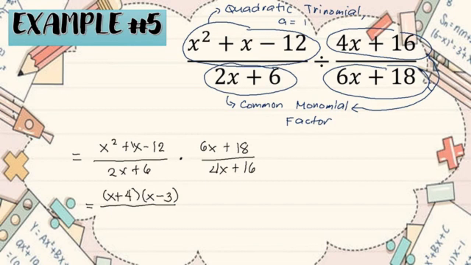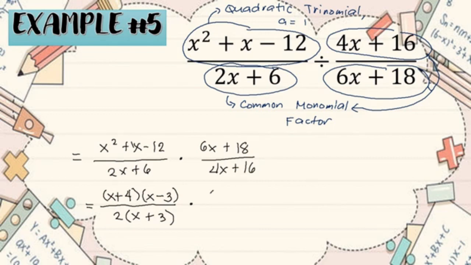Now let's proceed to the denominator. We could factor this out using common monomial factor. So what is their common term? Their common term is 2. Separate 2. 2x divided by 2 is x. Copy plus. 6 divided by 2 is 3. Multiplication, and we've said that the numerator and the denominator of the divisor, we could still factor out using common monomial factors.